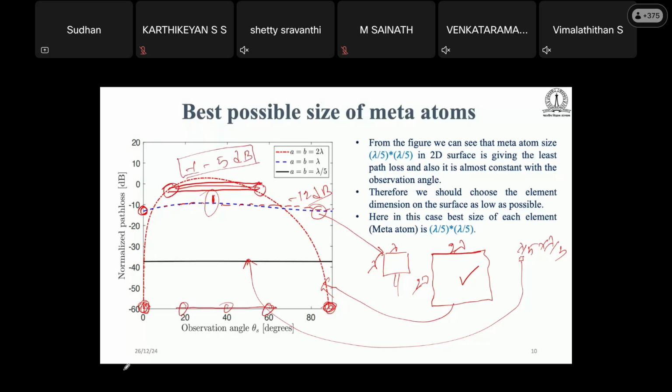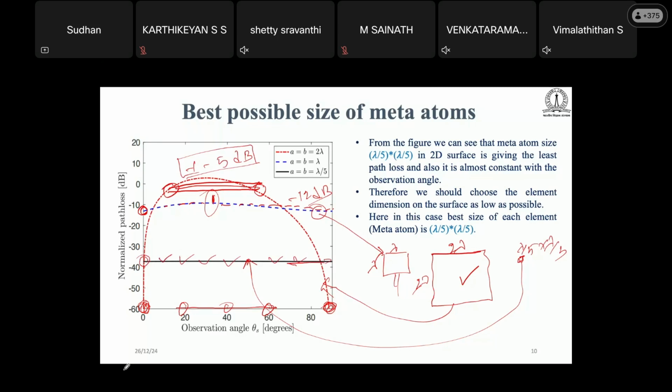But if we talk about this third one, it is very small, lambda by 5. What is lambda? Lambda is the wavelength of the frequency, and in this case the loss is constant, also around minus 40. If you compare these 3, we find that minus 38 loss is a good one, because it is constant irrespective of the phase difference.